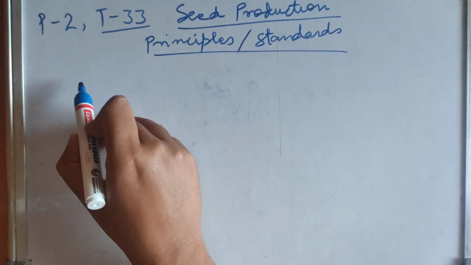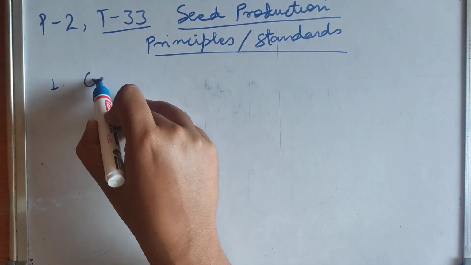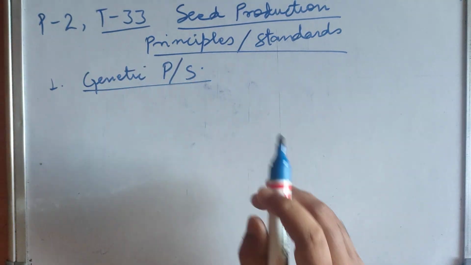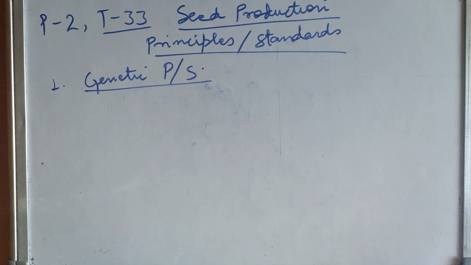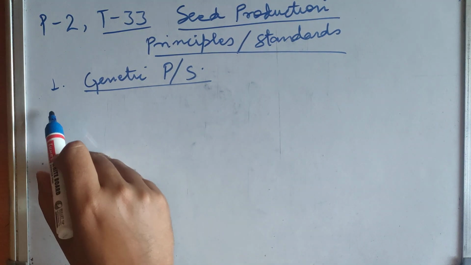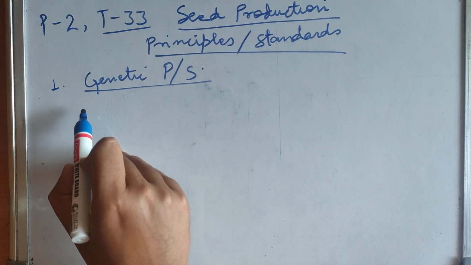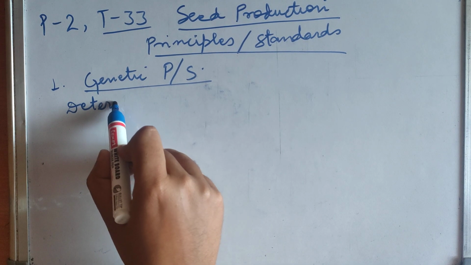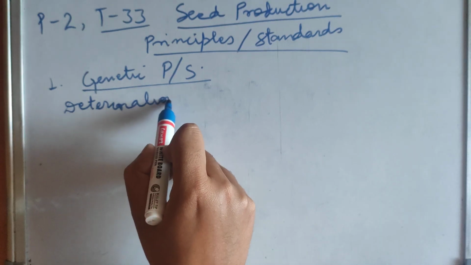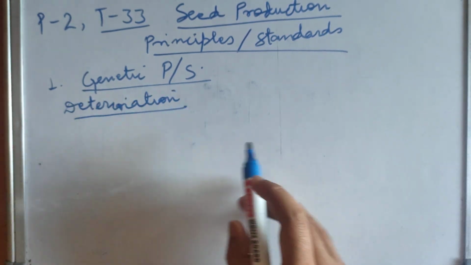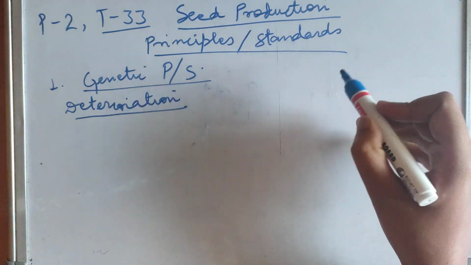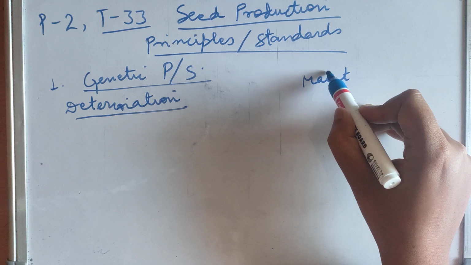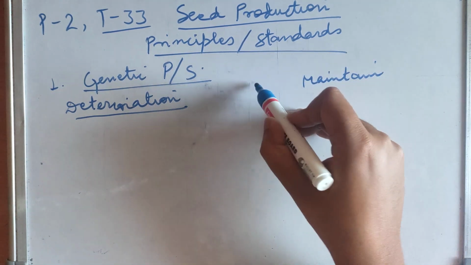So first one is genetic principle or standard. Here we can understand by understanding the deterioration of a variety, how a variety is deteriorated, and the ways to maintain genetic purity.